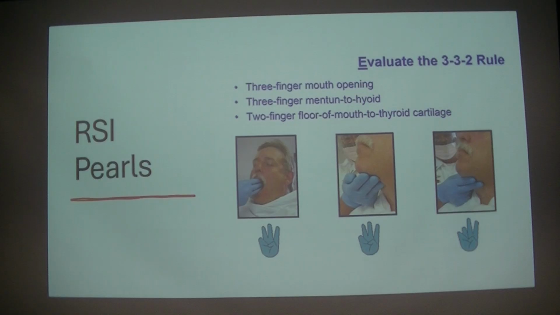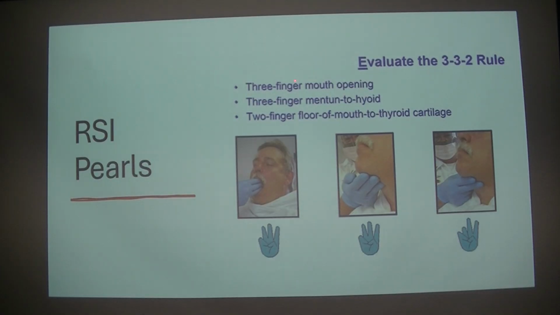So, the 3-3-2 rule. Now, the important thing to remember is when evaluating, you are using the patient's fingers, not your own fingers. Because if you have a smaller patient, their fingers are going to vary quite differently from my fingers.